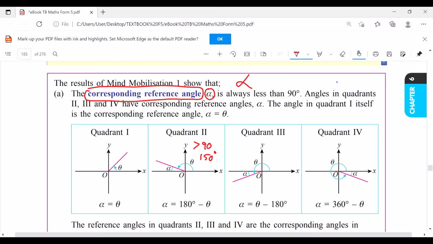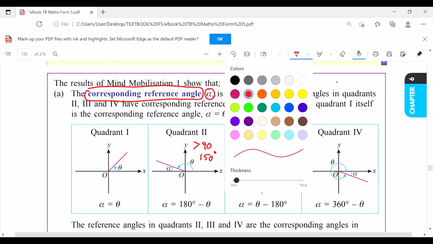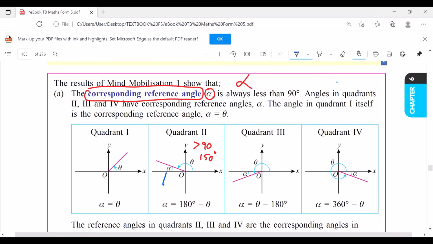So your angle will be here, and this is the angle. So the corresponding angle will be this one, alpha, and it is always less than 90 degrees.